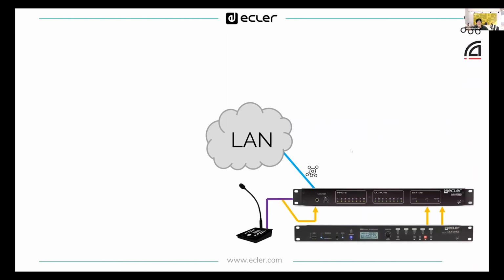We can make this, for example, having a DuoNet for these 2 messages, connected to a MIMO 88, for example, and a paging station. For this paging station, you have to connect the EM page to the remote port, and the audio will be connected to one of its inputs.